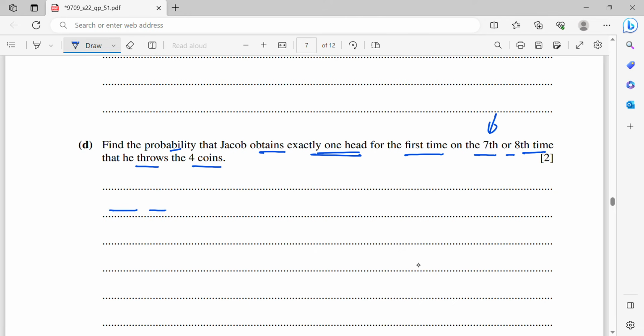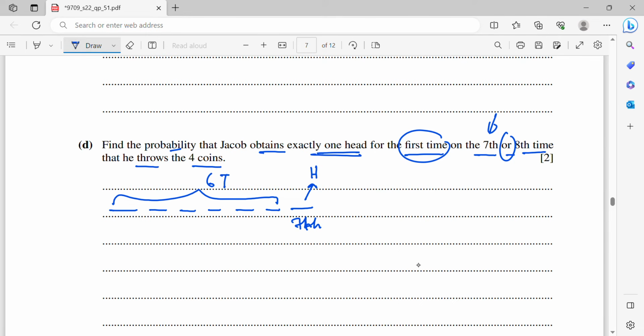So 1, 2, 3, 4, 5, 6, 7. This is the 7th throw. And this is the first time he gets 1 H. This is the first H. All the previous 6 times will be tails.